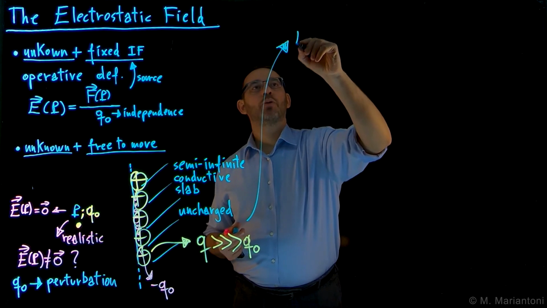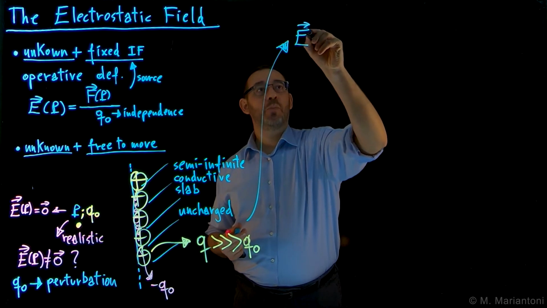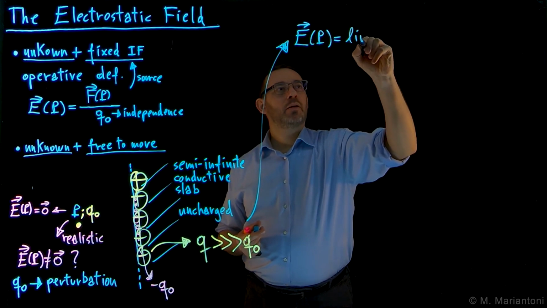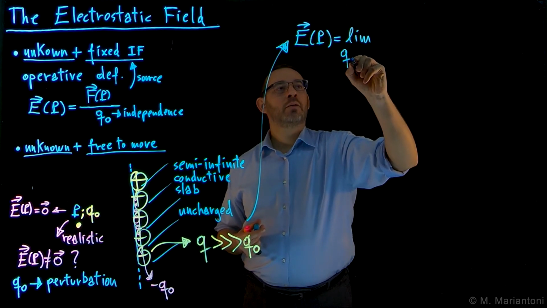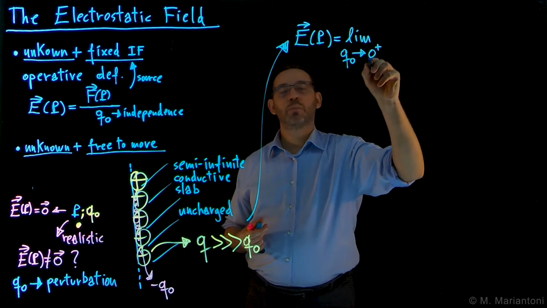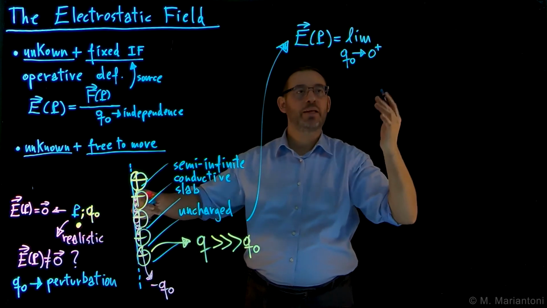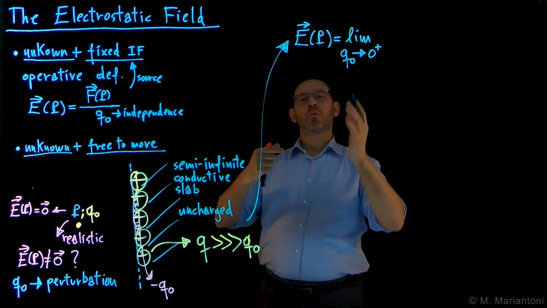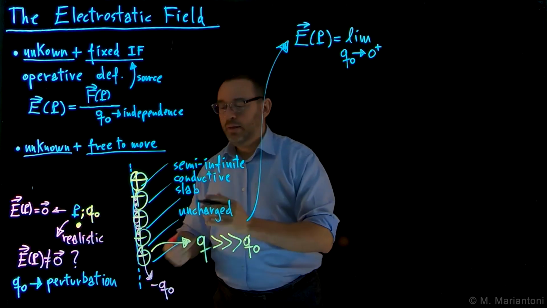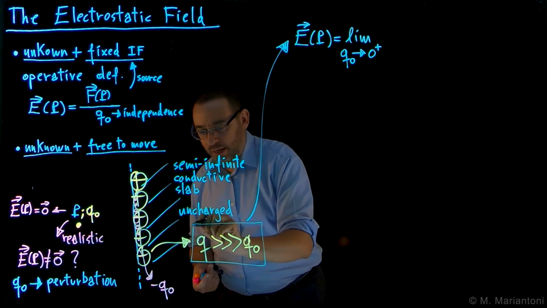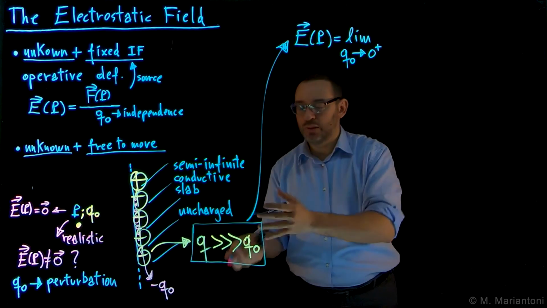We want to measure empirically E at point capital P by performing the limit for Q naught, mathematically we write it to go to 0 plus. It has to be positive because it's plus 1 coulomb typically, but now we don't want plus 1 coulomb when everything is known and fixed. Now we want to make it as small as possible. This is the condition you want to fulfill in real life, but this is the math associated with this condition.